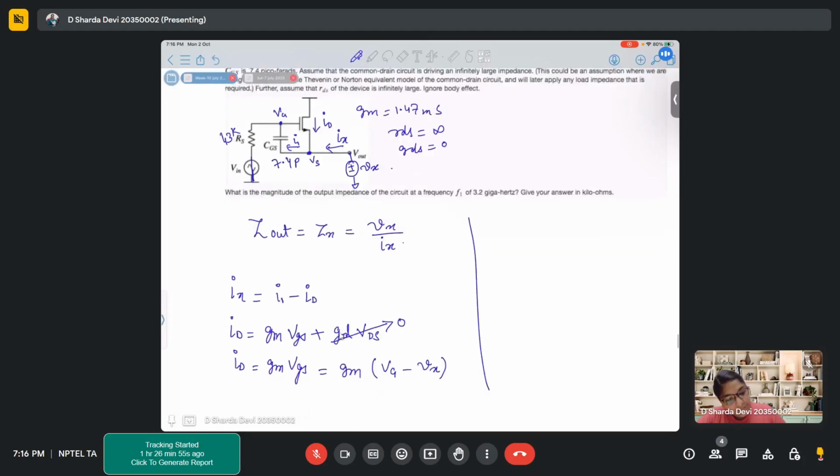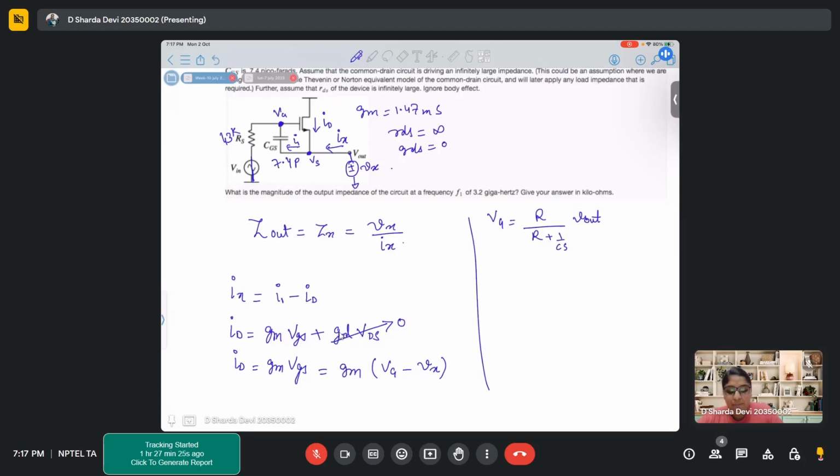Now, how would you write your VG? What is VG? This point is Vout, right? So VG can be written as R upon R plus 1 upon Cs into Vout. Can I write it like that? This is node Vout or Vs, and this is Vg.